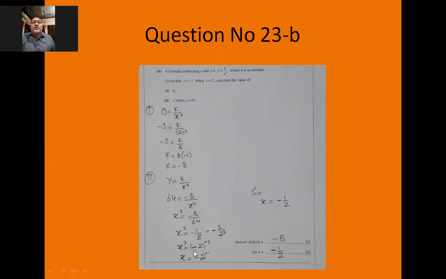So x cube is equal to -2 raised to power -3. So it means x is equal to -2 raised to power -1. So it means x is equal to 1 by 2. Here the steps are a little weird, but I hope you can understand them. X is equal to -1 by 2. So that was question number 23, B part.